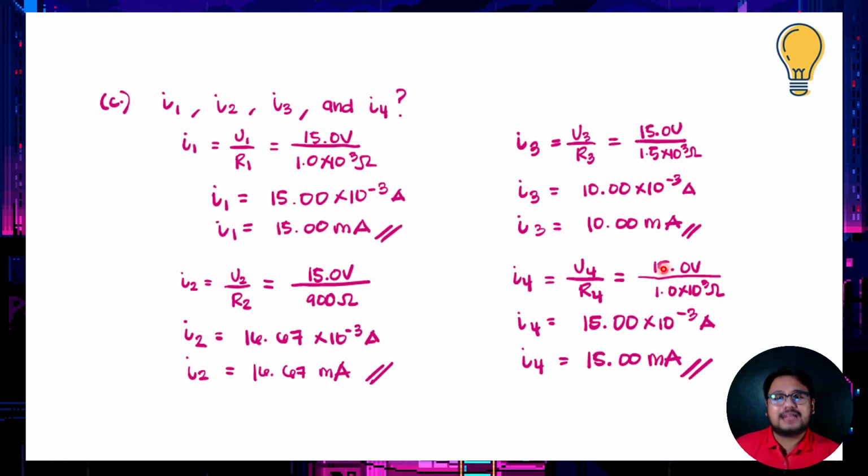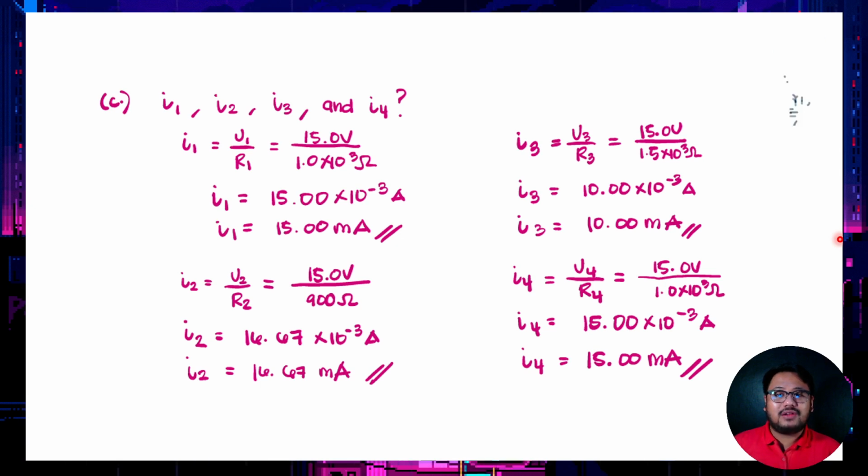Letter C, we are asked about the current passing through each resistance, and that is your I1, I2, I3, and I4. By Ohm's law, I is just equal to V over R. So I1 is just equal to V1 over R1. Same thing with I2, V2 over R2, I3, V3 over R3, I4, V4 over R4. Since they are experiencing the same amount of voltage, V1, V2, V3, and V4 are equal to 15 volts.